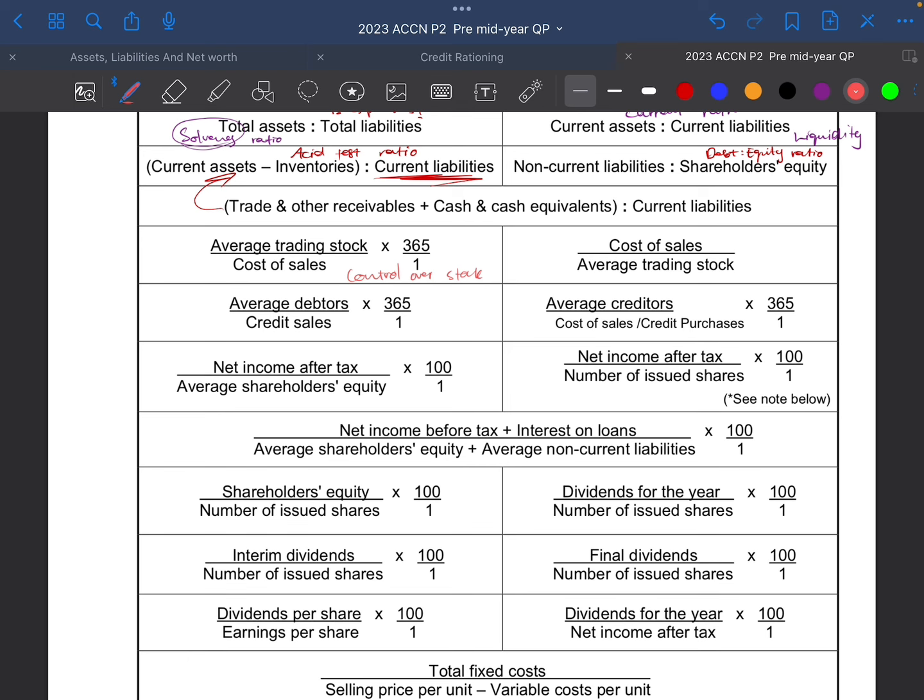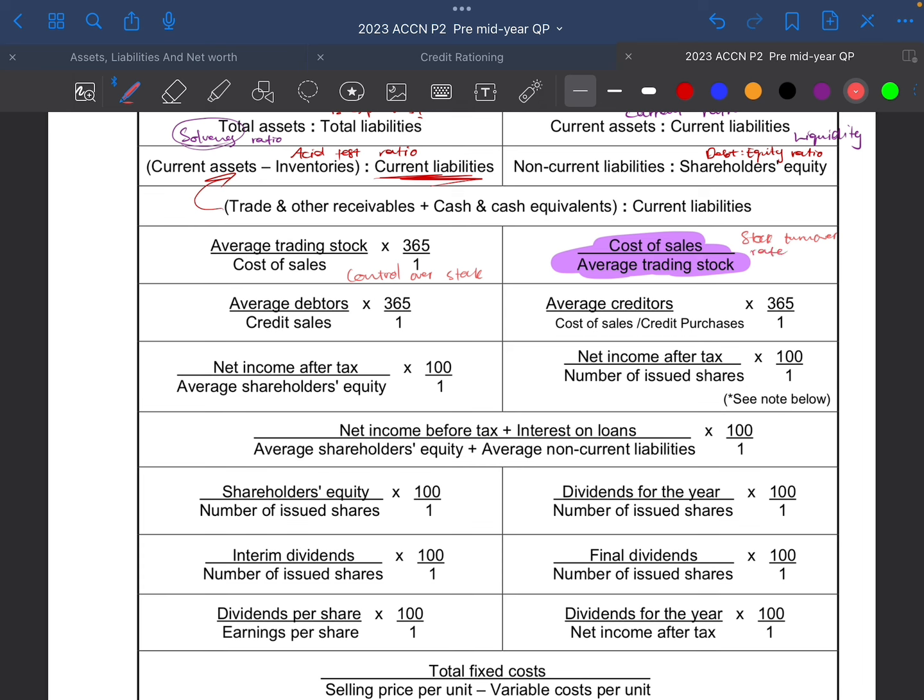So now we're looking at cost of sales. Okay, let me just highlight cost of sales over average trading stock. So what this one does, it checks your stock turnover rate. How much or how many times, should I say, do you buy stock per year? So this is your stock turnover rate.